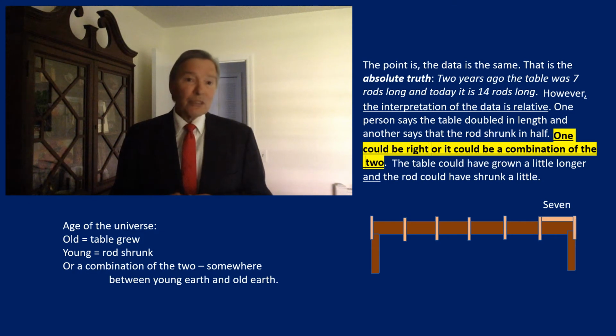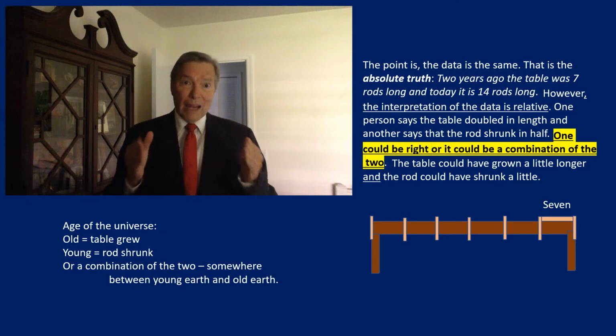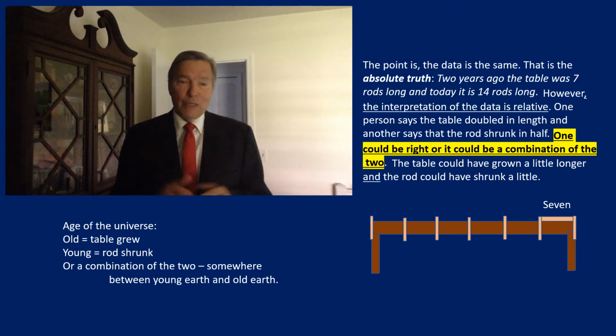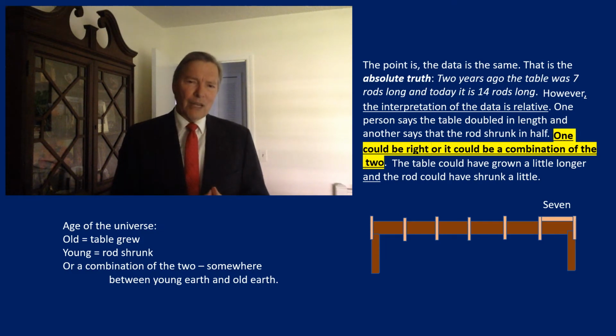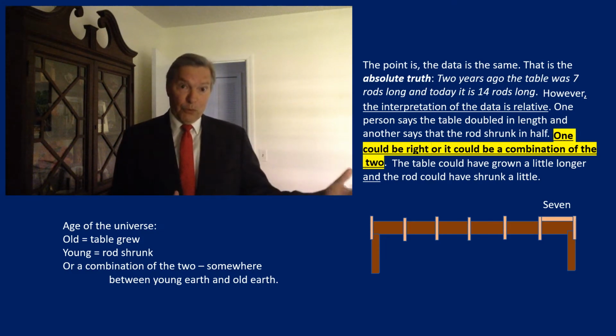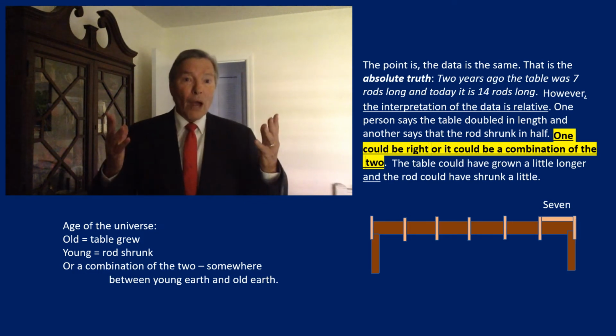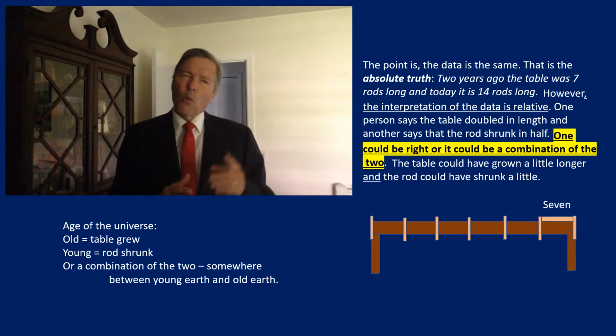It's difficult to understand, and by looking at the data, which one is right, which one's wrong, or maybe it's something in between. So we have to be really careful when we're talking about relative reality and absolute reality. The first one says that both are right, and this one says one is either right and the other wrong, or something in between.